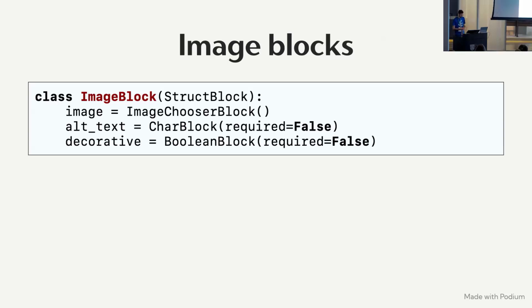We can fall back on the default alt text from the image itself. But it's important to have a block like this with an alt text field because it's important to encourage editors to enter alt text or determine if none is needed for each image in the context where it is used. So that's what this image block provides.